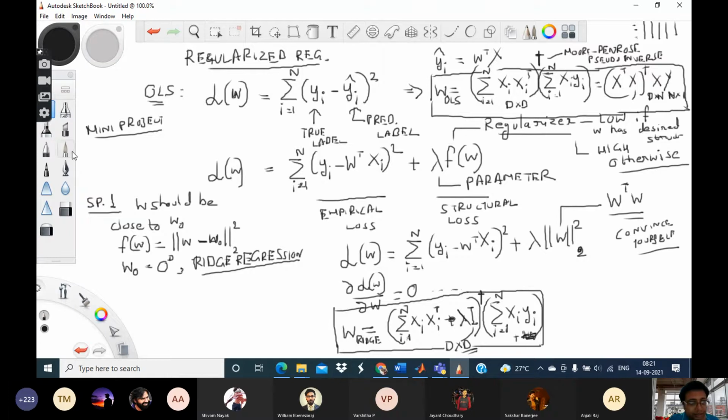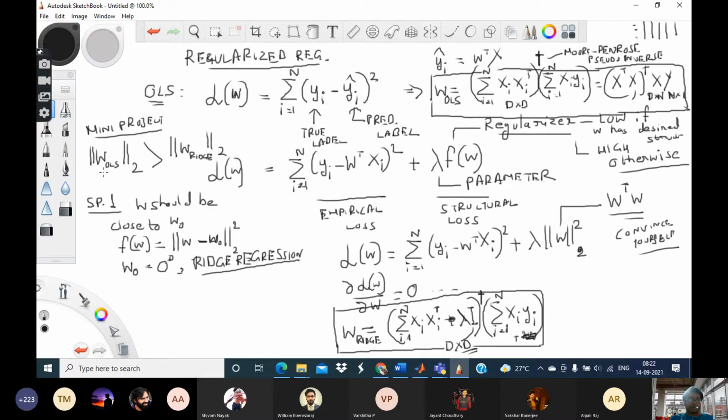In other words, if you consider the squared L2 norm of W OLS and the L2 norm of W ridge, then you can be sure that this will always hold.